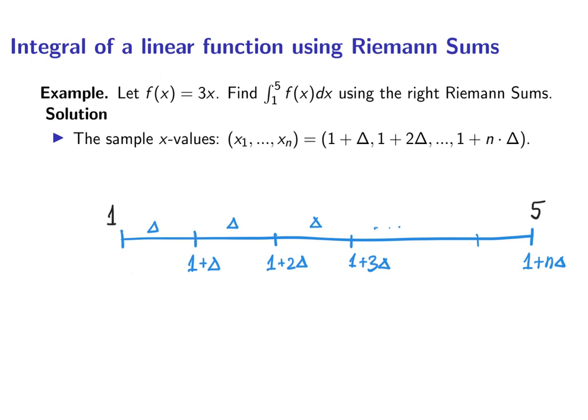So the first partition point will be 1 plus delta. Then we travel delta units to the right again, and we get the next partition point 1 plus 2 delta, etc. Since we have n intervals, that means that we travel delta units to the right n times, so the last point is 1 plus n times delta.